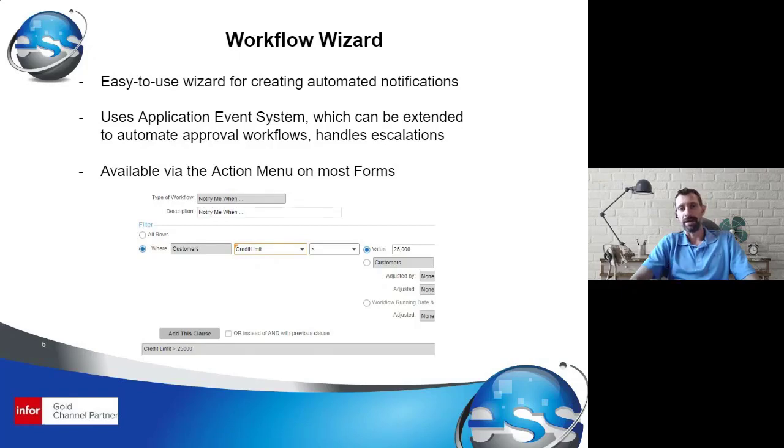In the screenshot I have here, it's if a customer has a credit limit that exceeds $25,000. So again, a real easy way of extending the system to provide automated notifications. And again, I'm going to show you how that works in the demo.